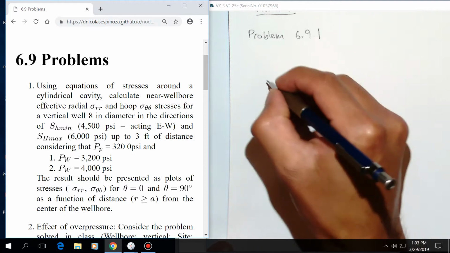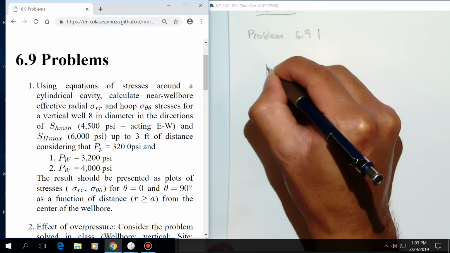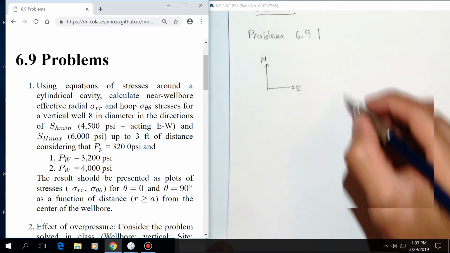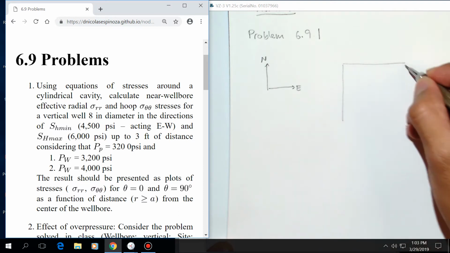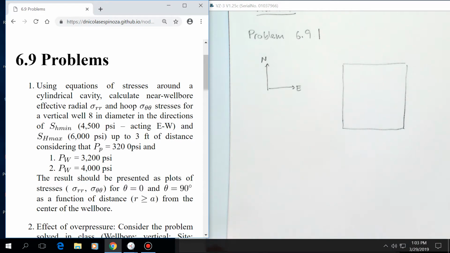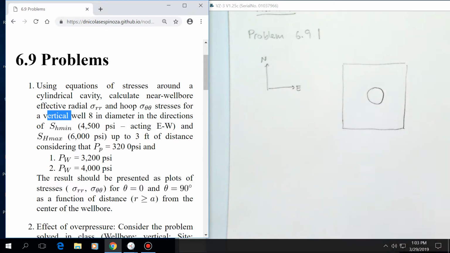So if I have a coordinate system where this is the east, this is the north, and I have a vertical wellbore in here, and over here it says vertical, okay, vertical well. So this is a vertical wellbore, and let's see what else.